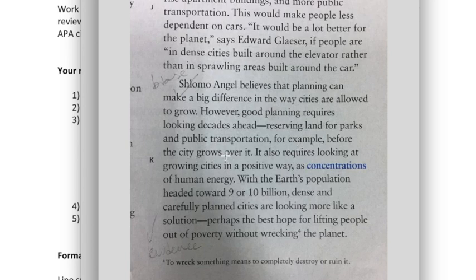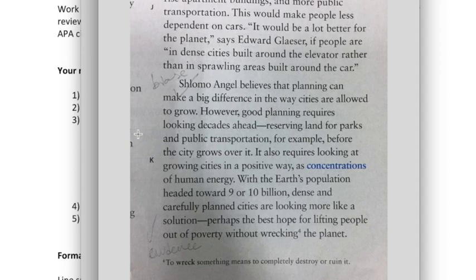So it says here in this paragraph, if you want to plan for a city in the future, we'll have to look decades ahead. We'll have to think 20 or 30 years in the future before the city grows over it. So that means if we are building a road, we'll have to make sure we have some reserved spaces so that in the future we can expand the road bigger.